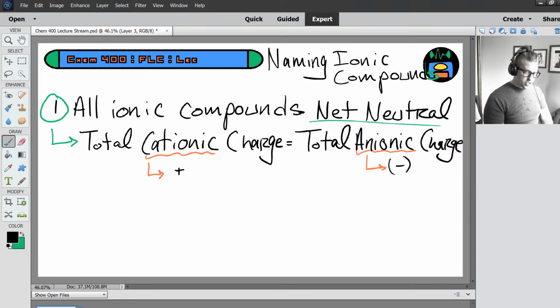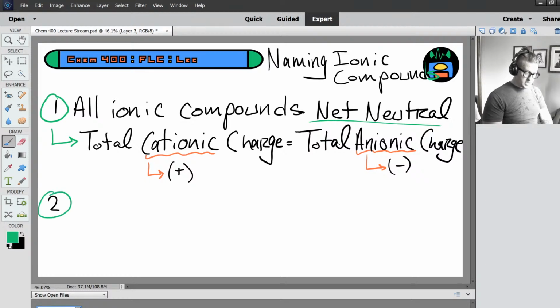So whatever the total amount of positive charge is in an ionic compound, you'll have an equal and opposite amount of anionic charge. If you have a total positive charge of +2, then you have to have a total negative charge of -2. All right, so that's the first thing. All ionic compounds are net neutral. So it's our job to make sure that the amount of positive charge is the same as the amount of negative charge.